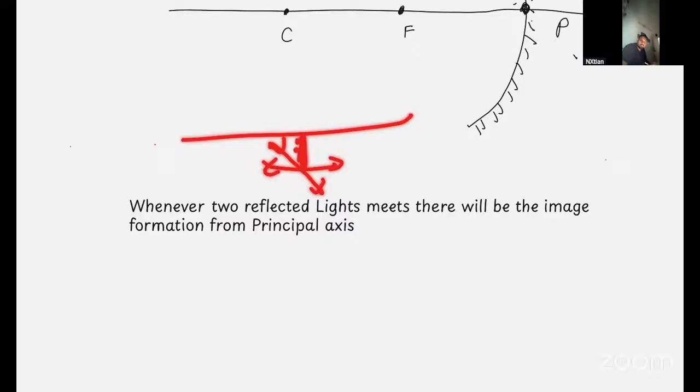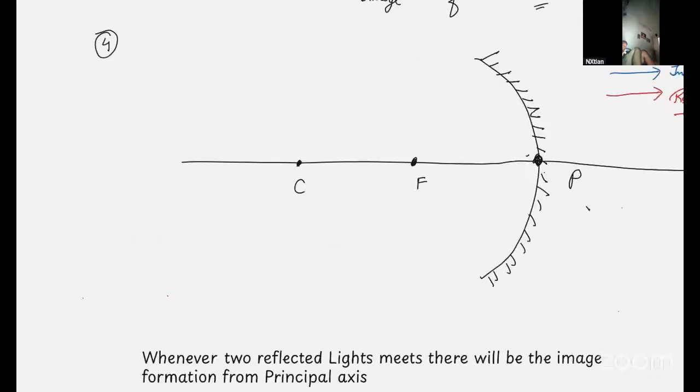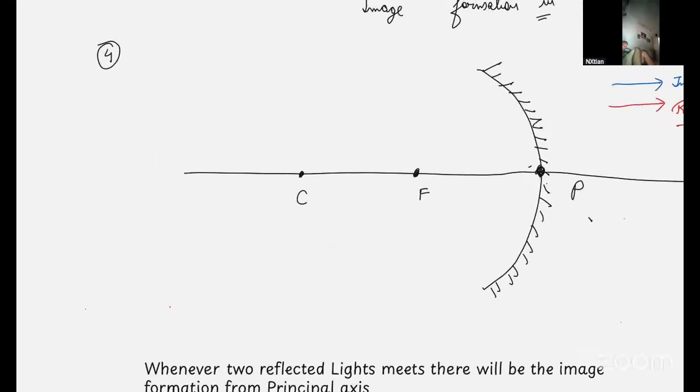Okay, we will read it. Write down this line. This is an important line. Whenever two reflected lights meet, there will be the image formation. Now, first point. The first point is when object is at infinity. So put a heading: object at infinity.